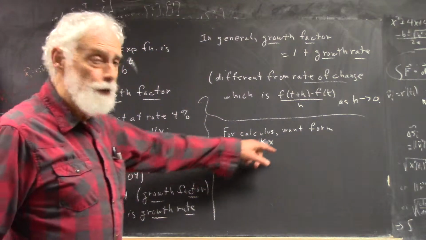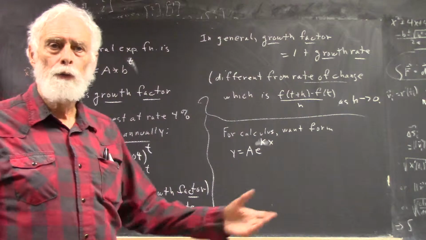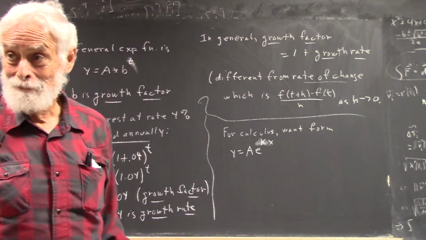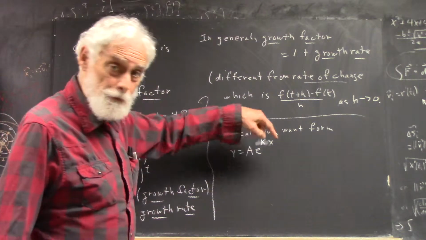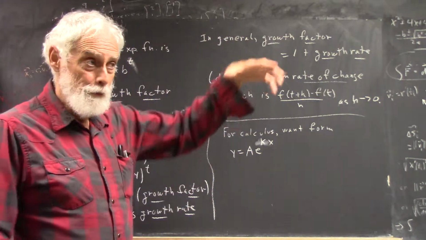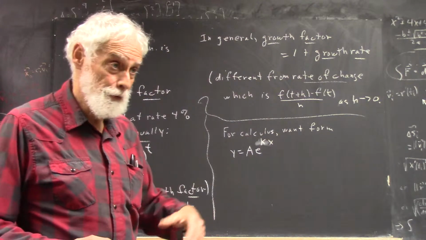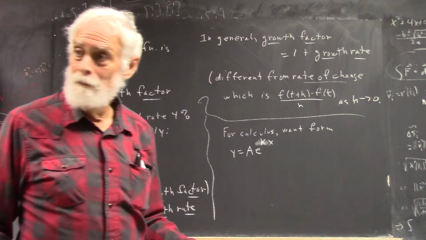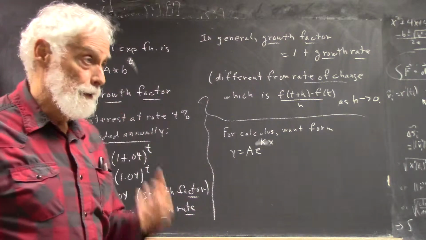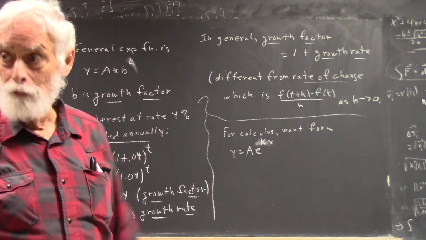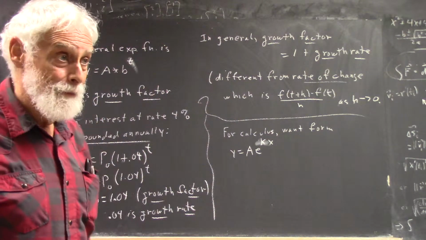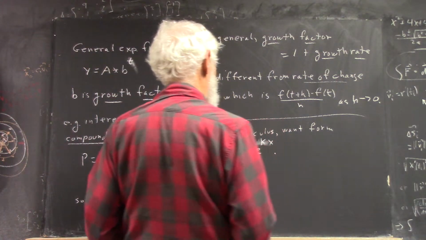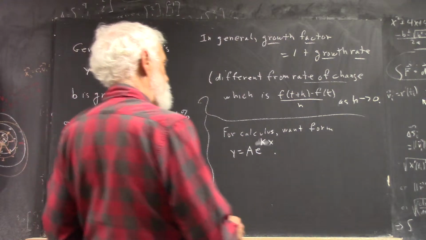Now, if it's just a e to the x, then that would mean the growth rate has to be about 172%. So you put a k in front of it, which allows you to make your growth rate faster, or greater, or less. It's really easy to do this, and I can explain or demonstrate it in the 4 minutes we have left, because you'll recognize it very easily if you understand the concept behind this.